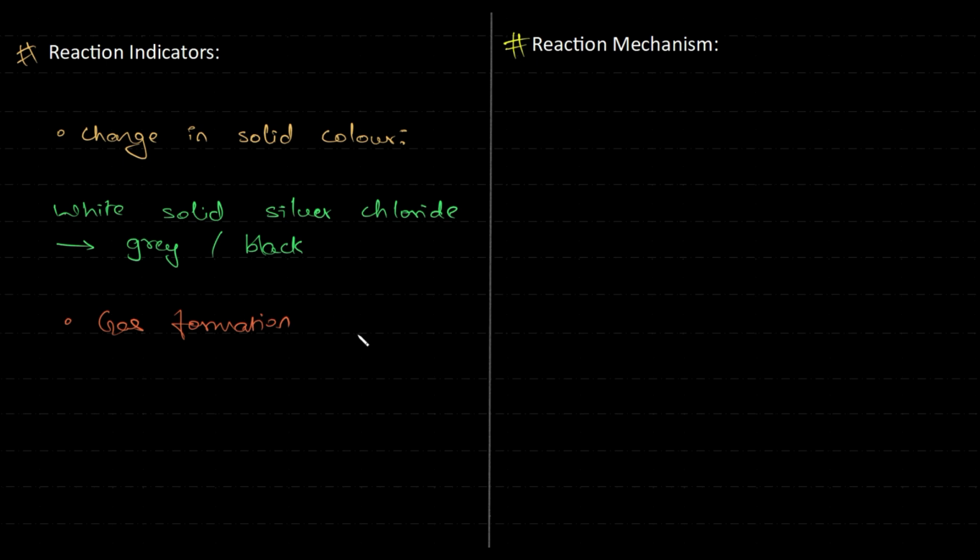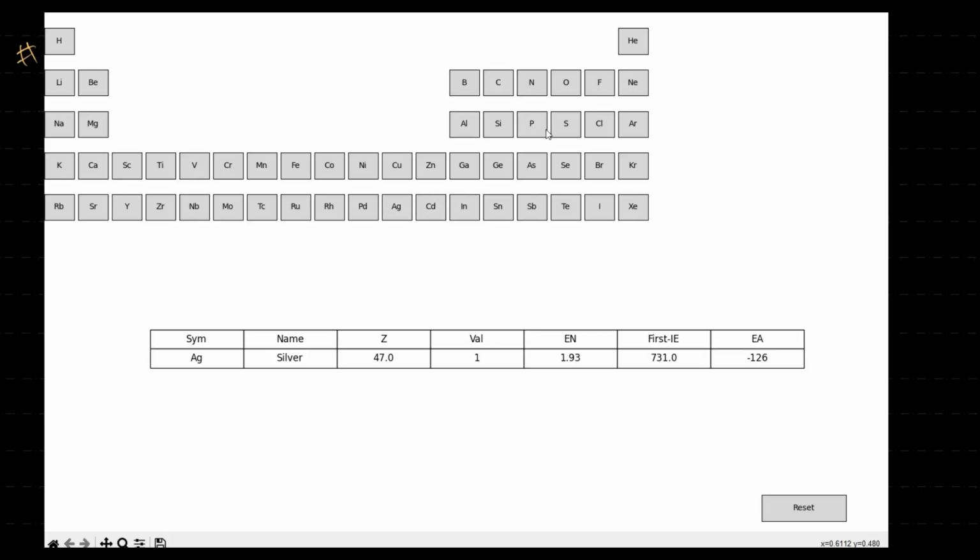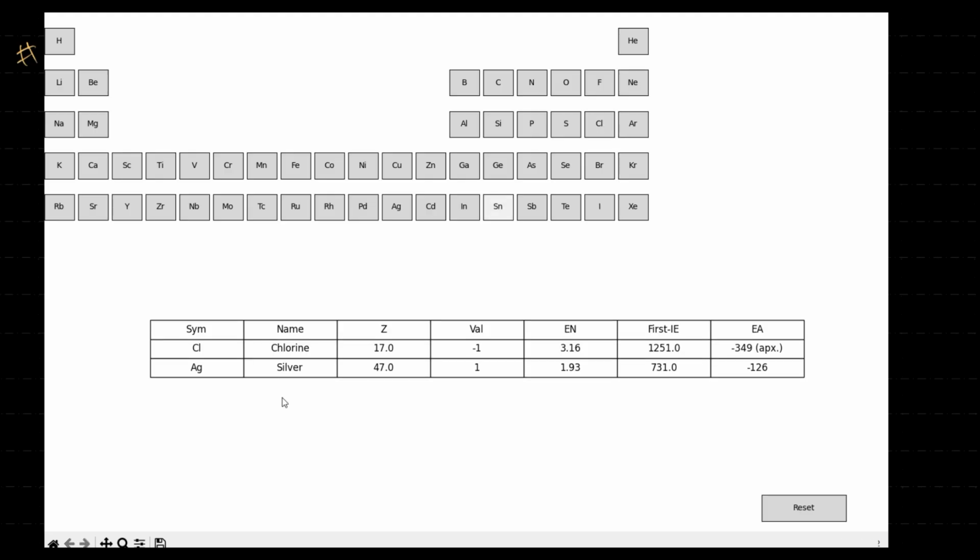Next, we're going to talk about AgCl and how it got converted to Ag plus Cl2 when exposed to sunlight. So AgCl, let's have a look at it. Ag is over here, silver is over there, chlorine is over here. So this is your atomic number. Valencies are -1 and 1. That makes sense. Electronegativity, the difference is less than 1.7.